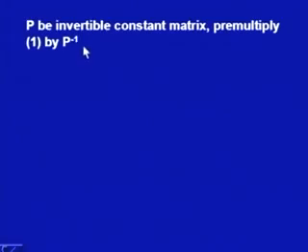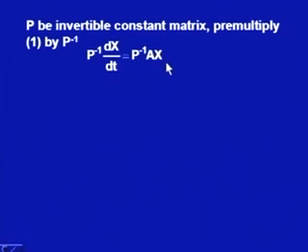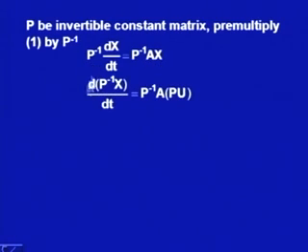Before we apply this transformation, we have to make sure that P is invertible and it is a constant matrix. If we do that, then P inverse dx by dt is equal to P inverse Ax. Since P inverse is a constant matrix, we can write the left hand side as d by dt of P inverse x, and that is why I have assumed that it is an invertible and constant matrix.